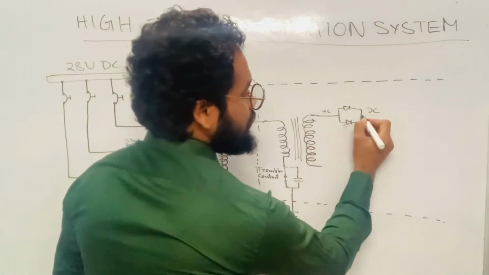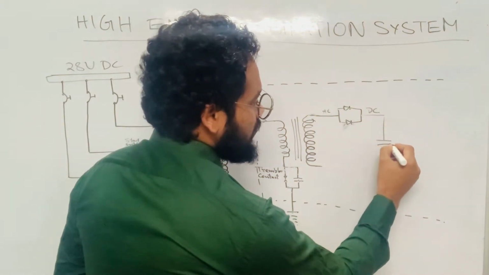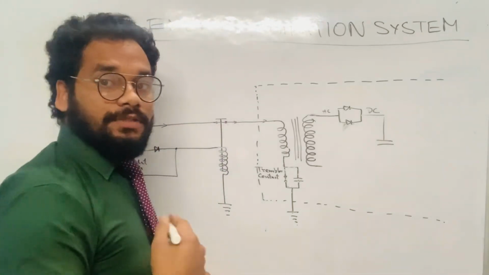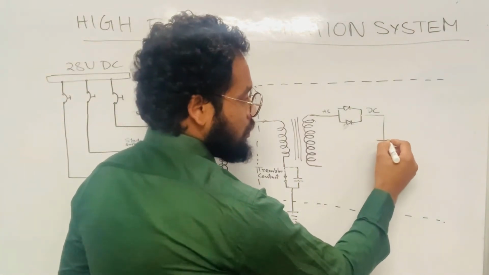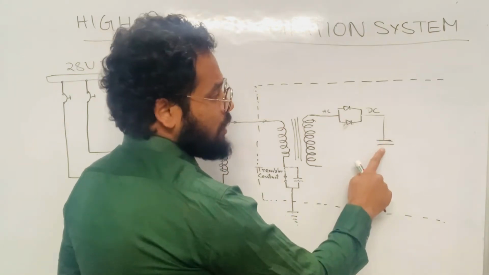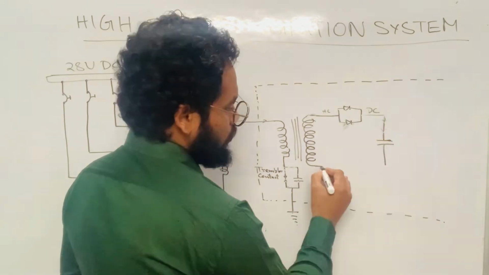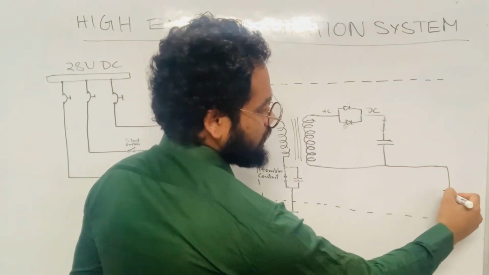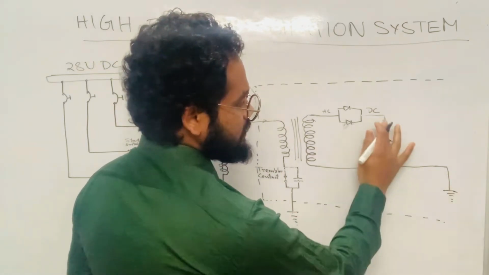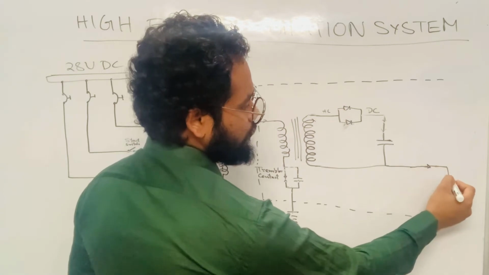This DC is given to a capacitor called the reservoir capacitor, or you can say condenser. This capacitor will charge because of this DC, and both of these are connected together like this to a grounding path. Hence their circuit is completed because they are getting the grounding path from here, right?